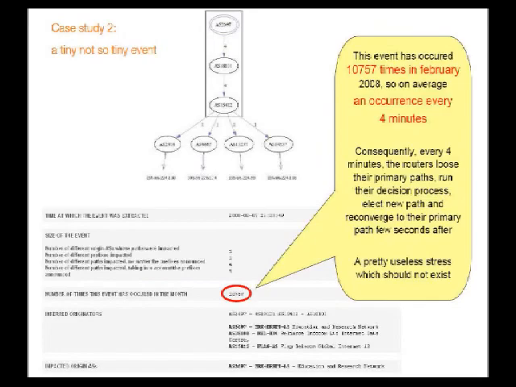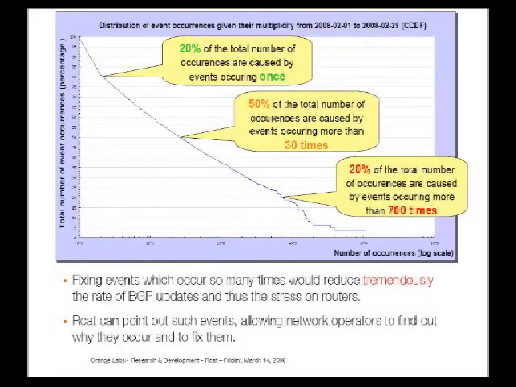And the very problem is that this is not at all an isolated case. This curve shows the distribution of event occurrences during February, and what it's showing is that only 20% of the total number of event occurrences were caused by events occurring only once, which could be expected to be the normal case, in fact.